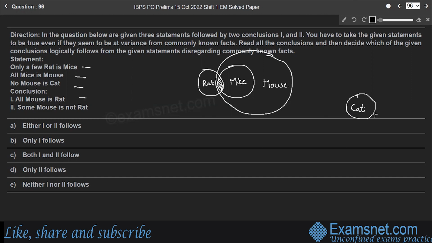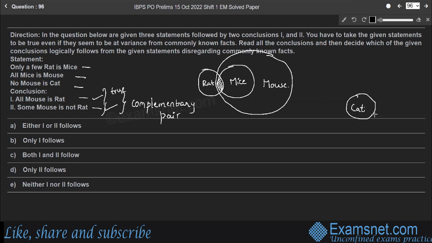So look at the conclusions. All mouse is rat and some mouse is not rat. Here conclusion 1 is contradictory to conclusion 2. That means these two are complementary pairs of conclusions, right? So both the conclusions cannot be true at a time.